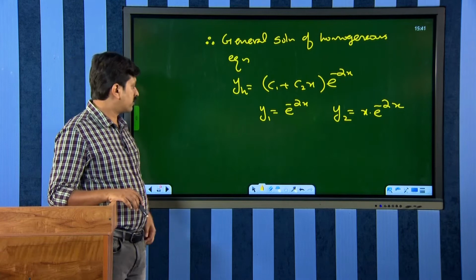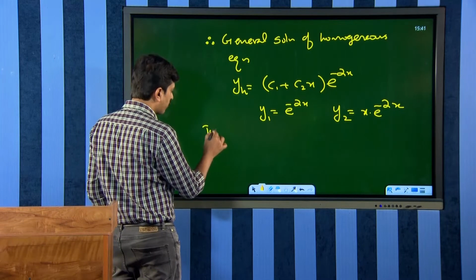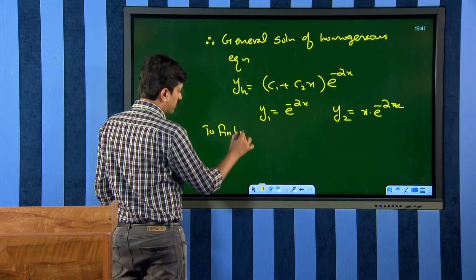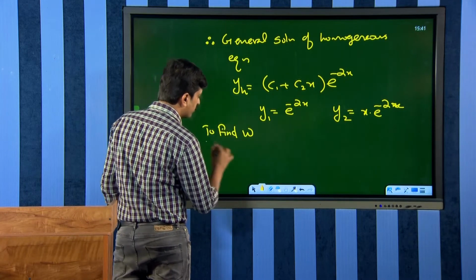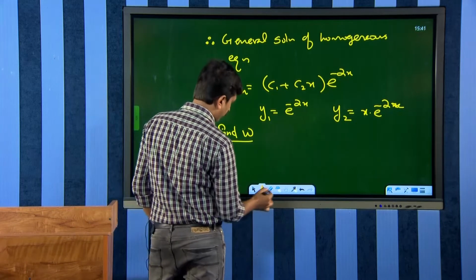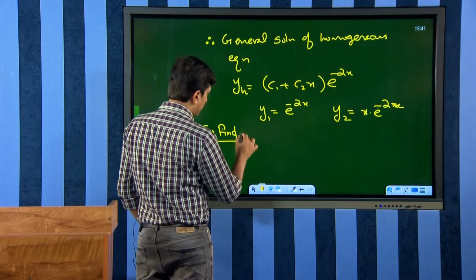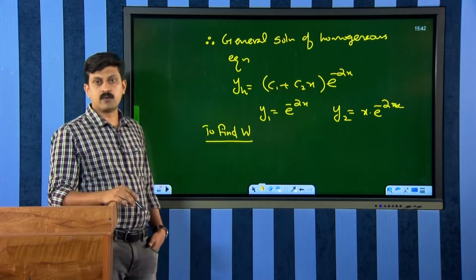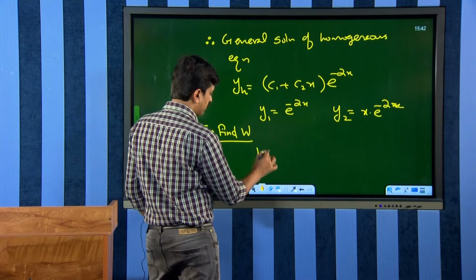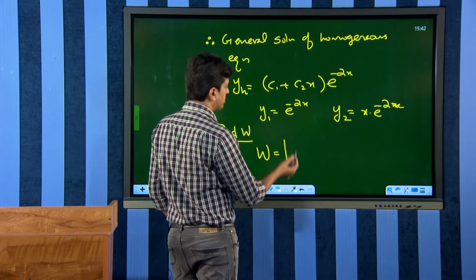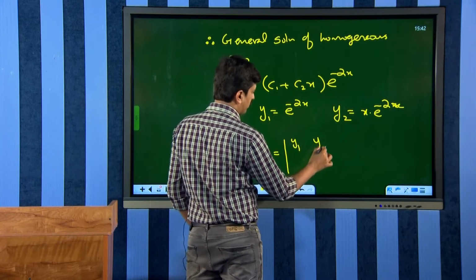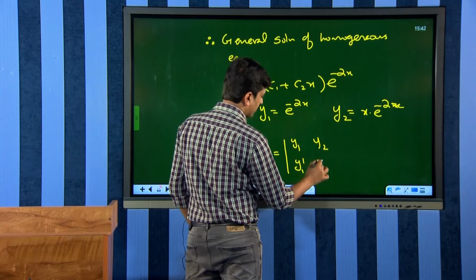To find W, the Wronskian, W is the determinant with y1, y2, and y1 dash and y2 dash.